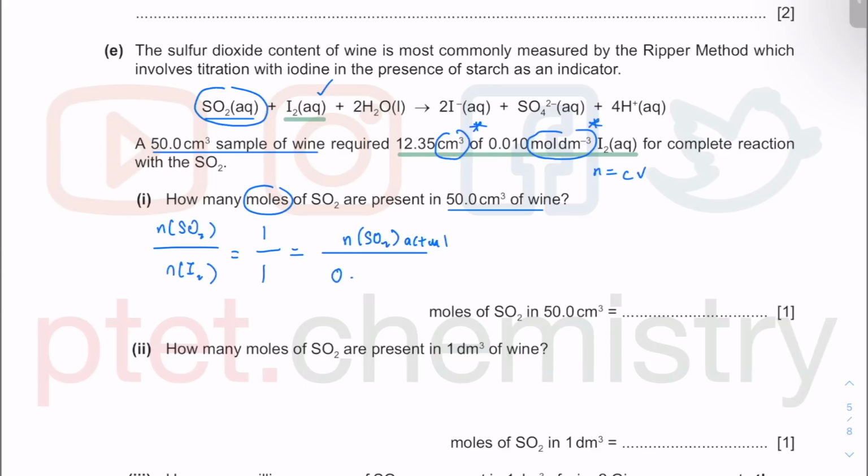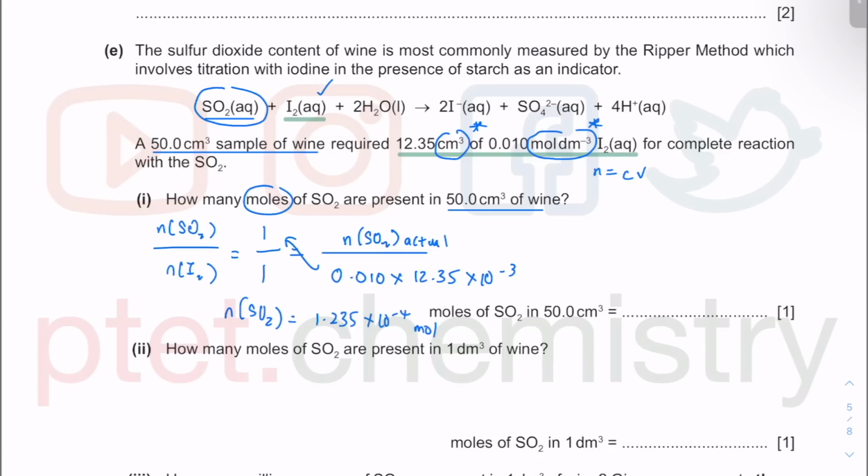So at the bottom, I have 0.010 mole per dm³. That's 12.35 times 10 to the minus 3, or divide by 1,000. I just move that up there, and I get the actual mole of the SO2 that's present in the wine. So 0.010 times 12.35 times 10 to the minus 3, I get 1.235 times 10 to the power minus 4 mole.